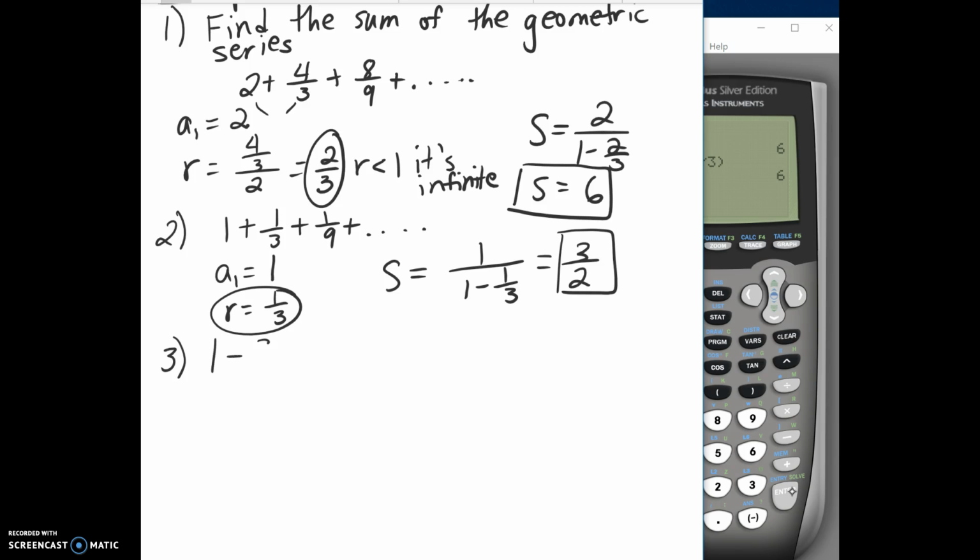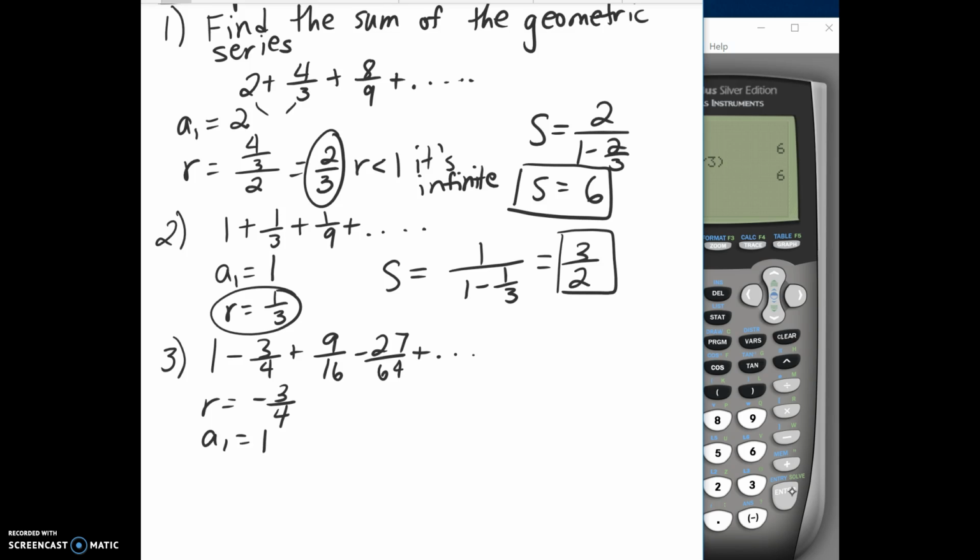Last one like this. Here we have a geometric series that is alternating positive, negative. So your ratio has to be -3/4, and that's important when you're plugging it in, to be careful with the negative sign.